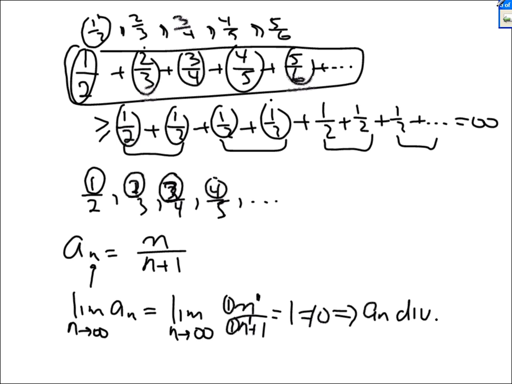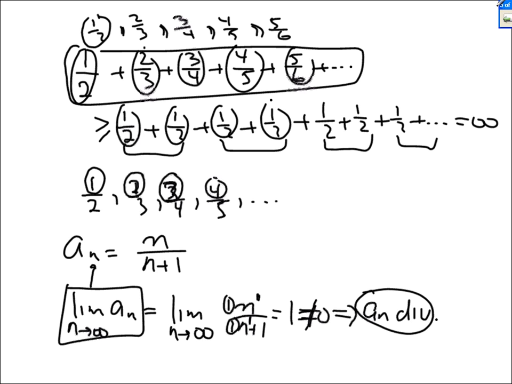I'm not saying that if this limit is 0 the series must converge. I'm saying if it's not 0, then it won't converge. If it is 0, sometimes it will converge, sometimes it will not converge. But if you don't get 0, forget about it, it's diverging.